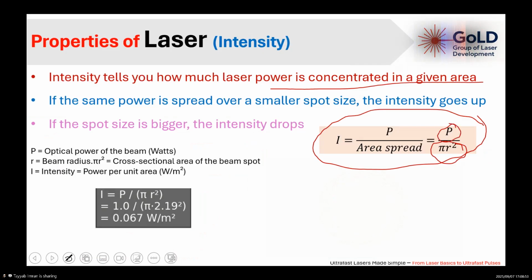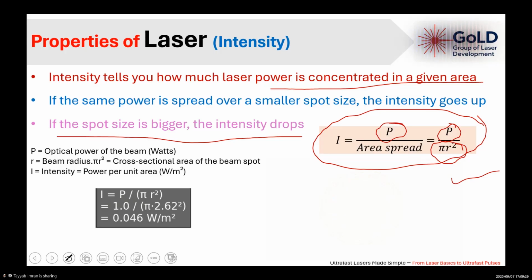So if the spot size is bigger, the intensity drops. You can see in this animation as well that when the beam area is increased, it becomes less intense. Power we take in watts, and radius in meters.